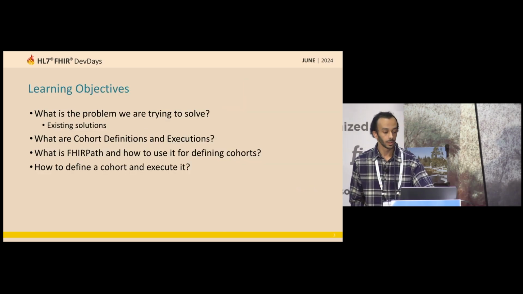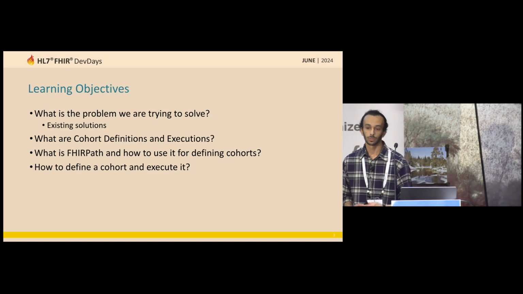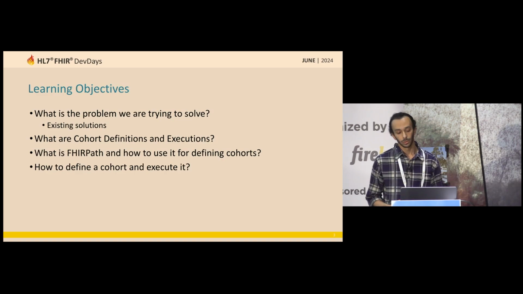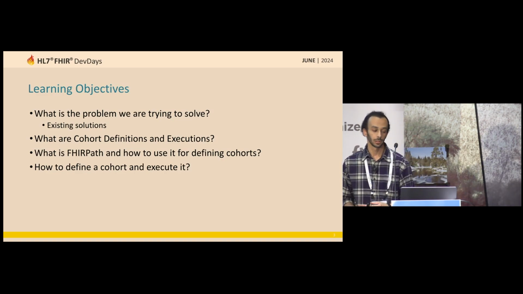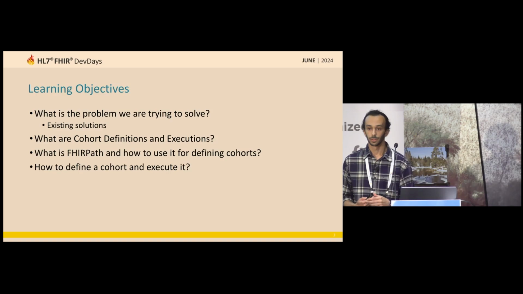So the agenda for today: first, we're going to discuss a bit what's the problem we're trying to solve here. And we will go through some of the existing solutions as part of either the FHIR spec or other implementation guides. And then we'll define what it means by a cohort definition and what it means to execute a cohort.